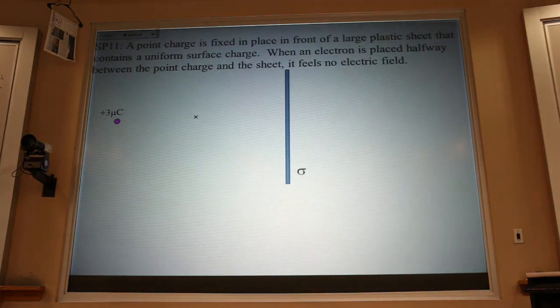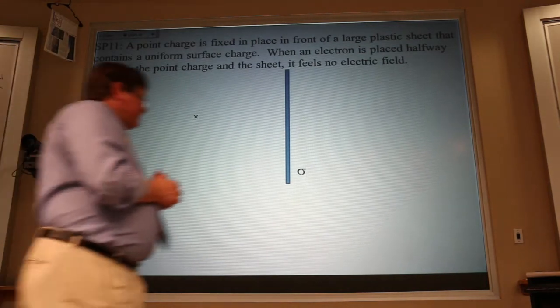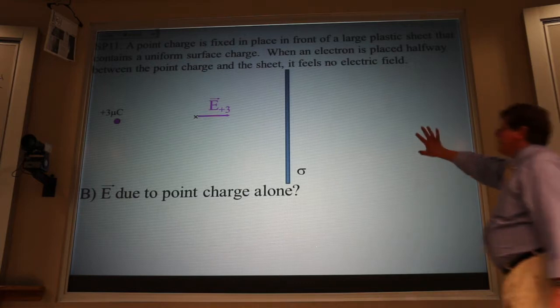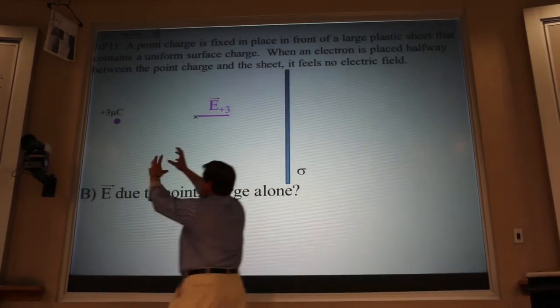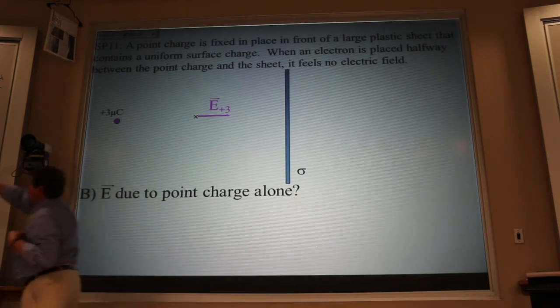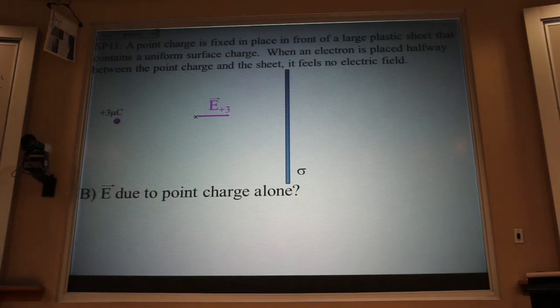I could have put anything there and it would have experienced no electric field. Now, I know that the electric field at the x, due to that point source, is away from the point source because it's a positive source. The field is away, and it's given by Coulomb's law.